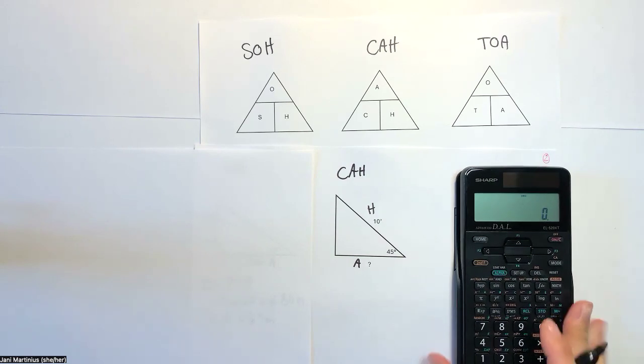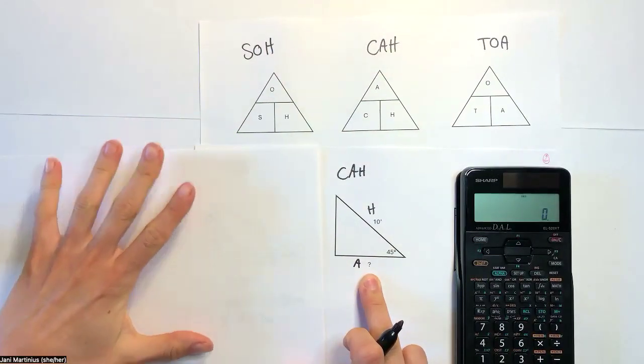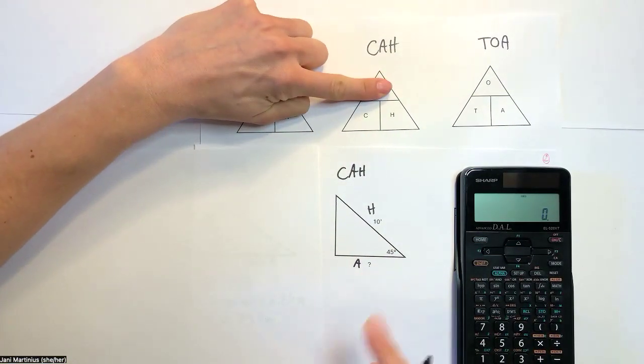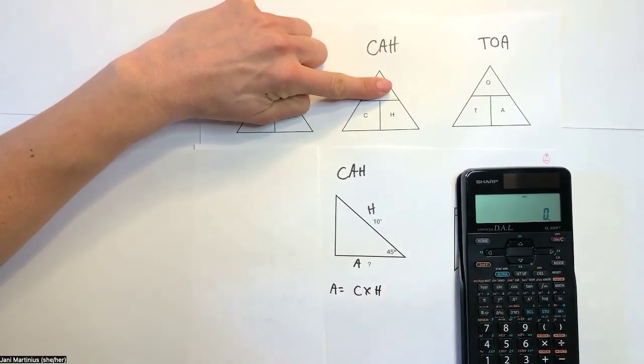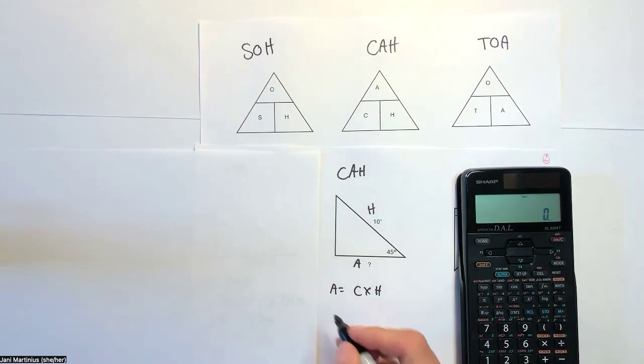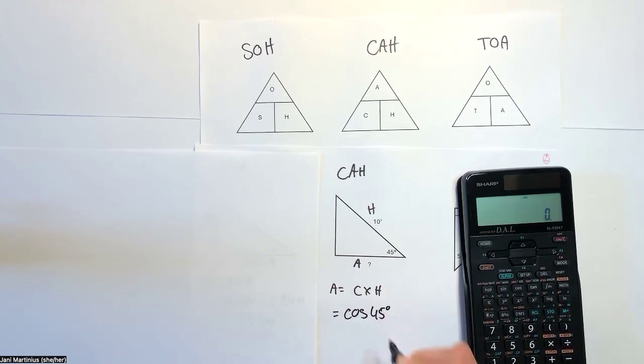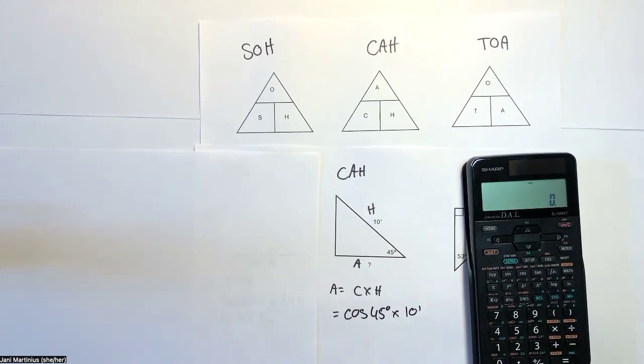Okay. We are looking for the adjacent, so if I blot out the A, it equals, leaves us with C times H. Okay, let's pop in the numbers. We have cos of 45 degrees times our hypotenuse, and here we have 10 feet.